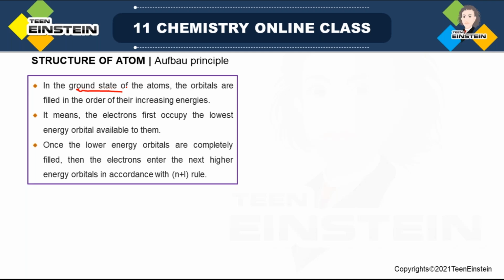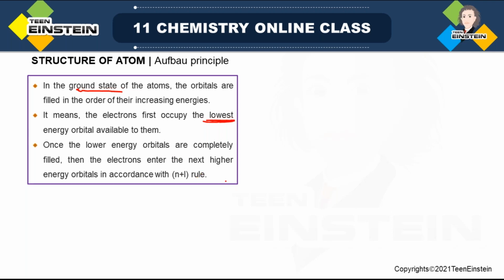Once we know this order, we will be able to fill the electrons. It means that electrons should first be placed in the lowest energy orbital that is available. Once the lower energy orbitals are completely filled, then only can the electrons enter the next higher energy orbital.